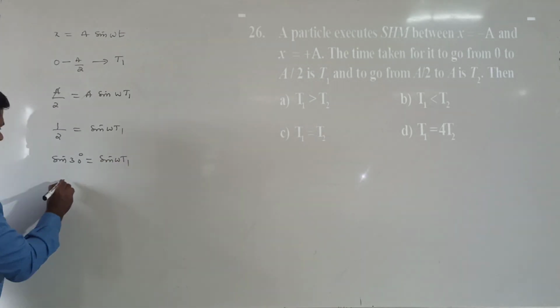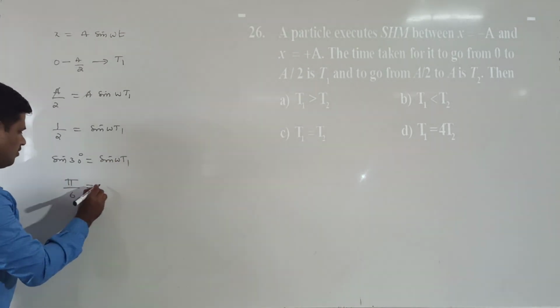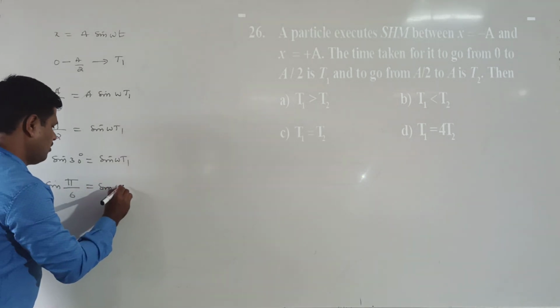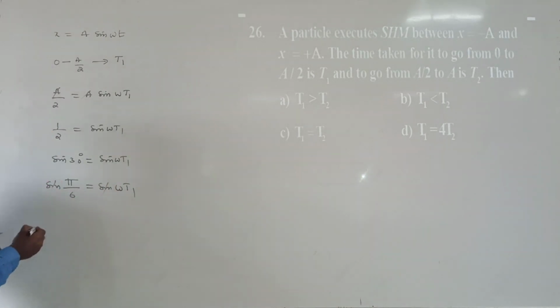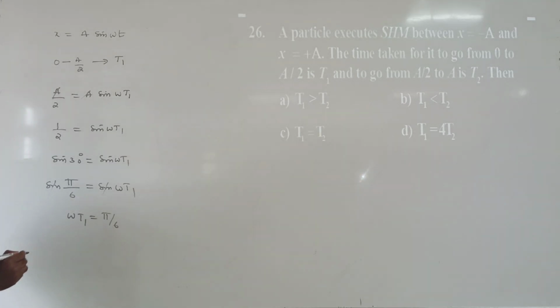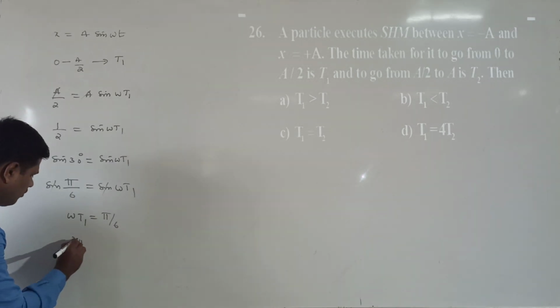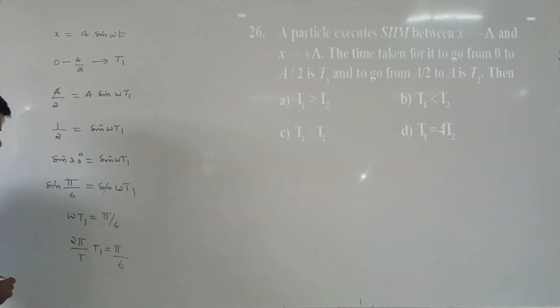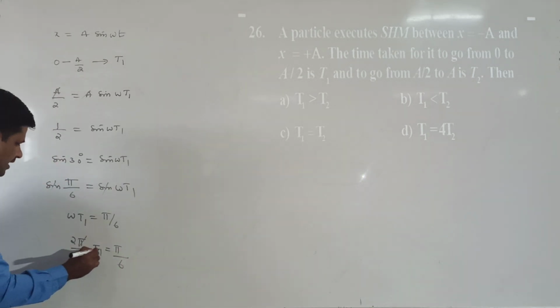Now sin 30 means pi by 6. Sin pi by 6 is equal to sin omega into t1. Sin gets cancelled. Now omega t1 is equal to pi by 6. Now omega is equal to 2 pi by t, so 2 pi by t into t1 is equal to pi by 6. Pi gets cancelled.